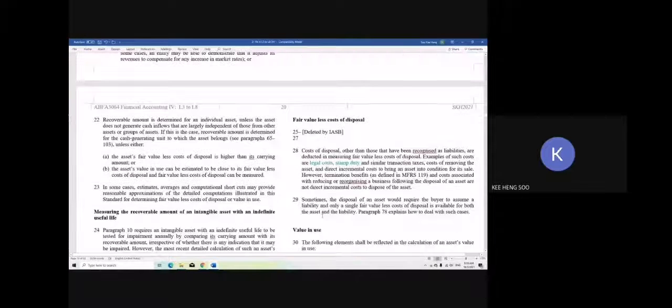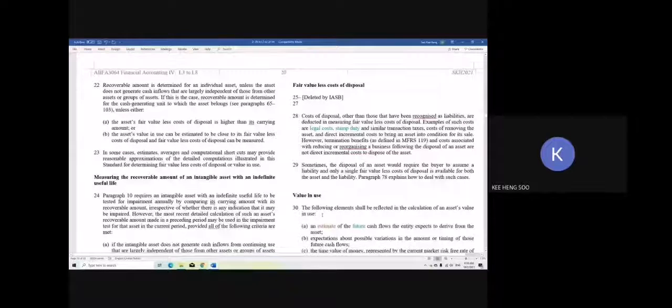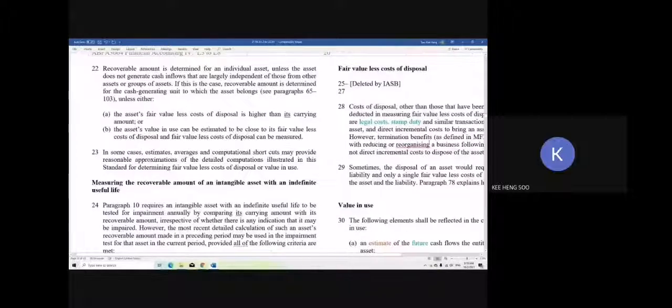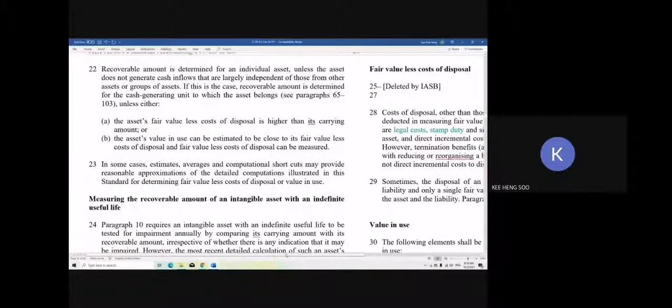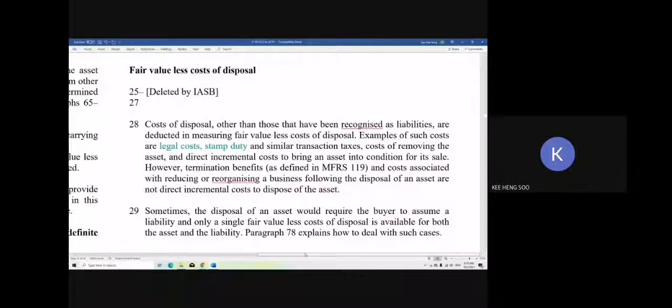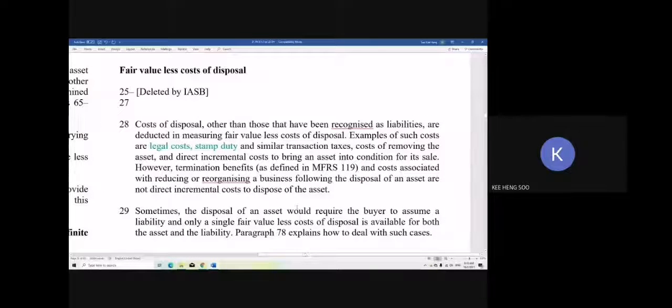Paragraph 28 tells you what the cost of disposal is. You just refer to the few paragraphs I tell you, enough already. Paragraph 28: legal cost, stamp duty, these are the costs of disposal. Fair value minus cost of disposal.